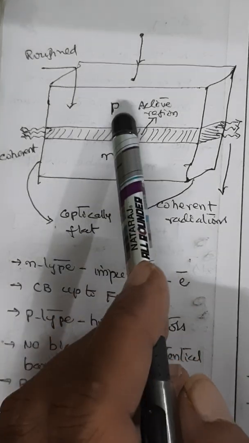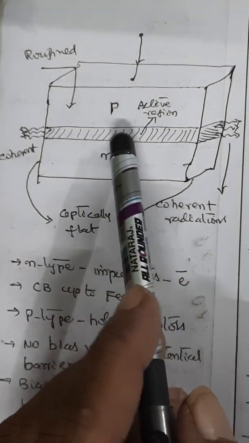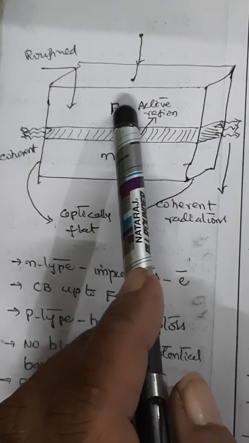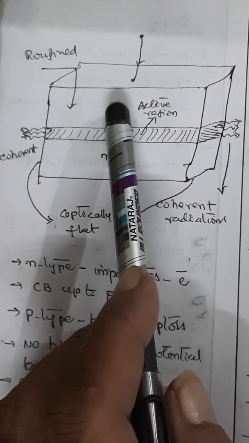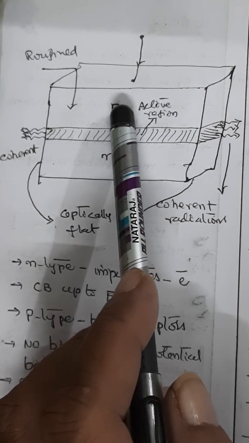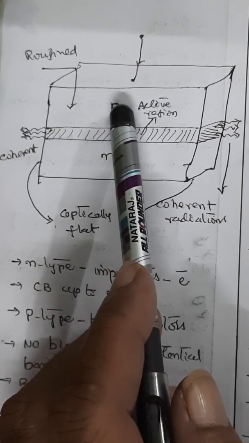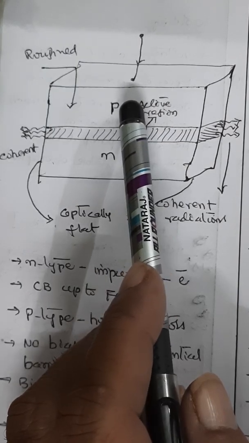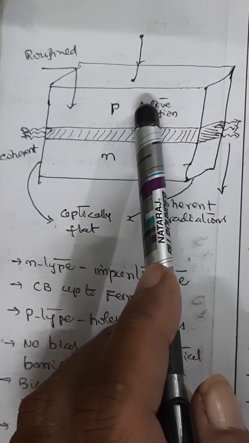So this is the basic structure of the gallium arsenide PN junction diode. The P region is heavily doped, as I told you, which is produced by diffusing zinc into N-type gallium arsenide, that is 10 power 24 atoms per cubic meter.